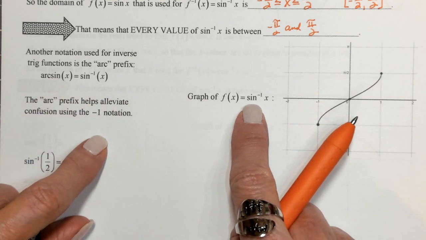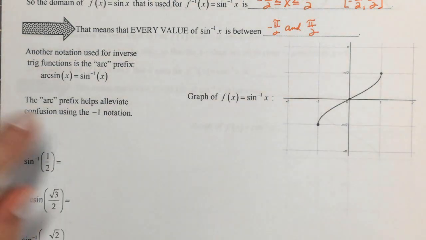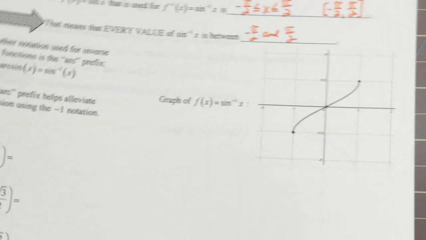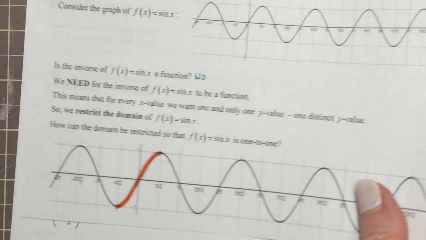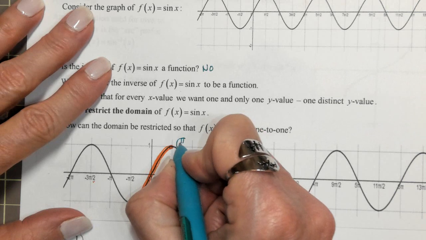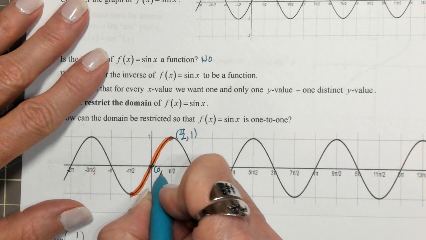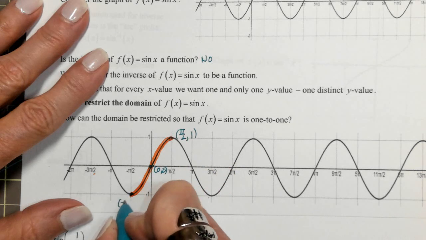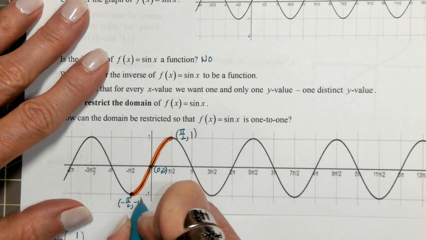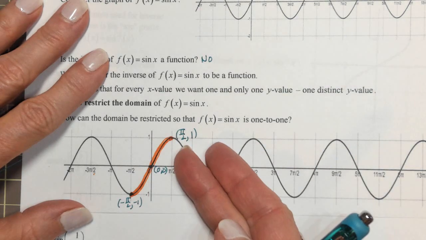This is the graph of inverse sine x right here. So remember that for sine x, this is the point pi over 2, 1. This is the point 0, 0. This is the point negative pi over 2, negative 1. On the inverse, those will be switched.